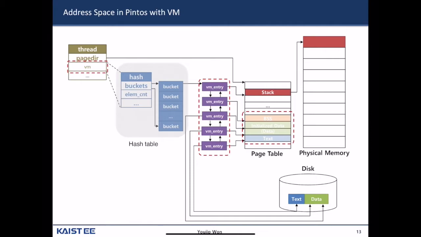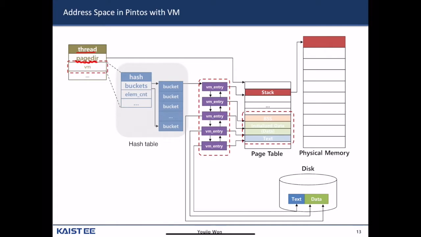This big figure represents a virtual memory address space for a process from the implementation's point of view. It contains the thread structure, and the Pintos thread contains a pointer to the page table. The name of the field is page directory, so pagedir points to the start of the page directory.